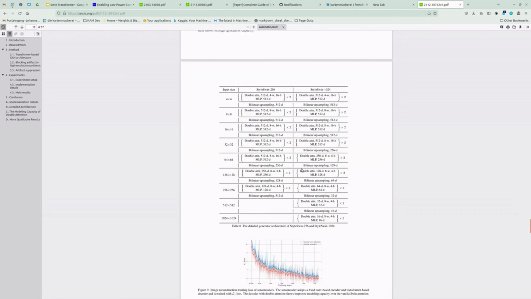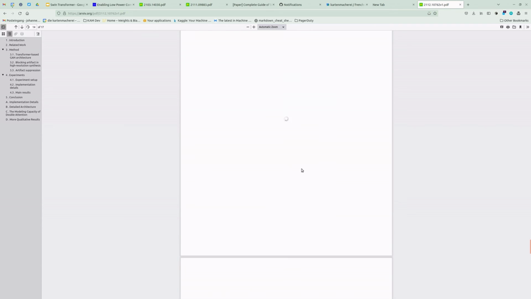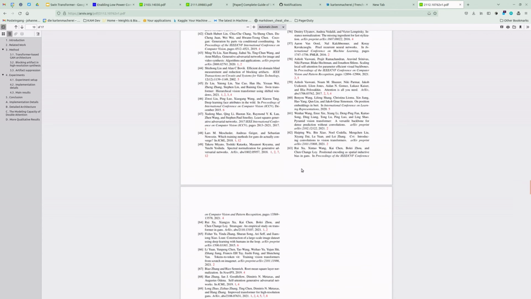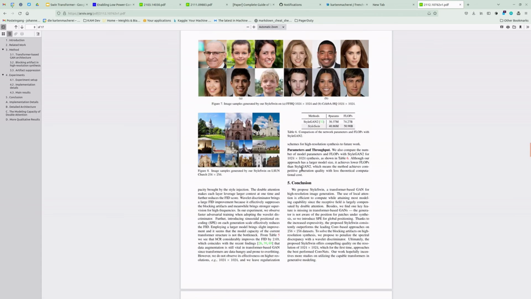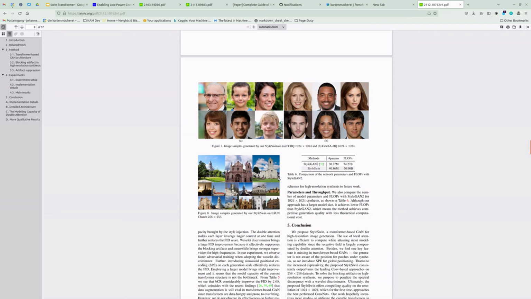Okay, so are there more? I don't know. So basically, what is this Swin doing? Can you quickly explain it? Okay. And that is somehow not working as well as with ResNet or anything.